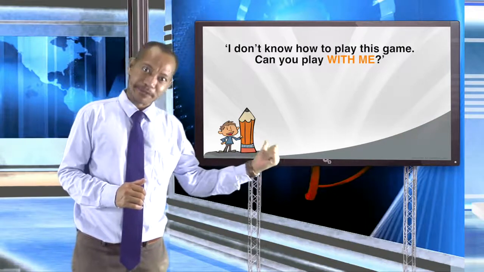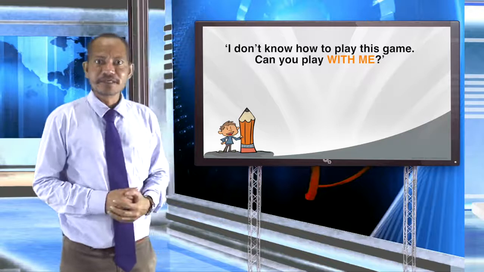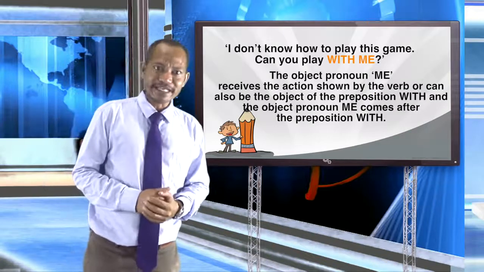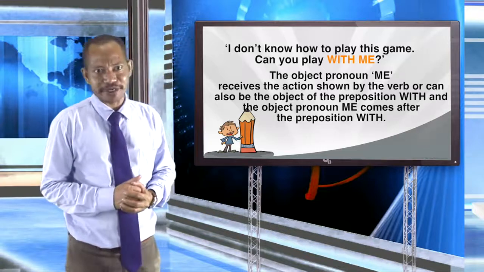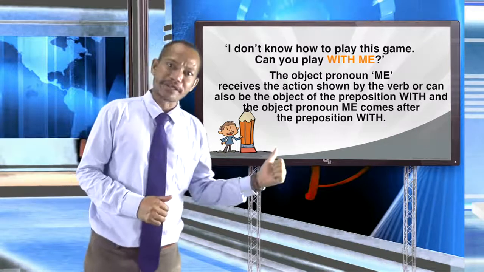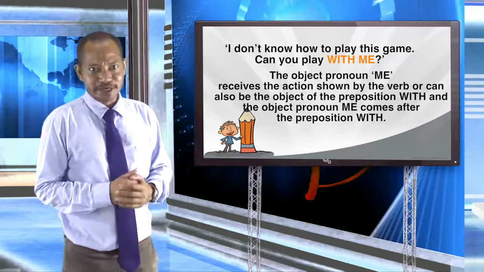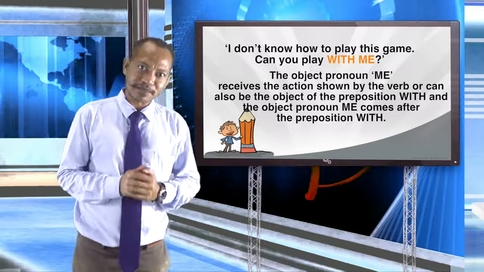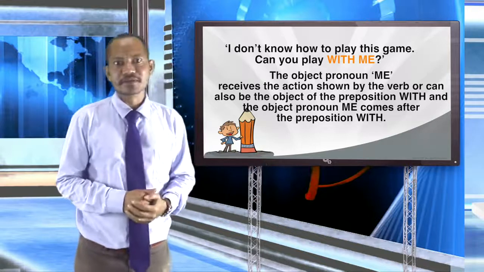Can you play with me? In this sentence, the object pronoun me receives the action shown by the verb, and it is also the object of the preposition with, as the object pronoun me comes after the preposition with.